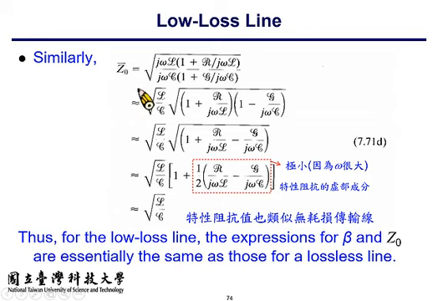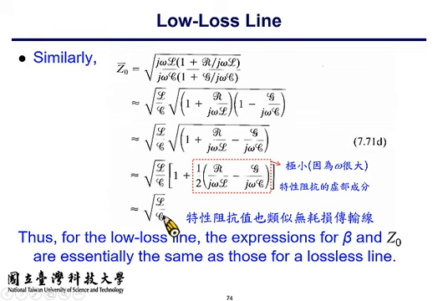So in the description of a low-loss transmission line, we only need to account for the attenuation part, this non-zero attenuation constant alpha.